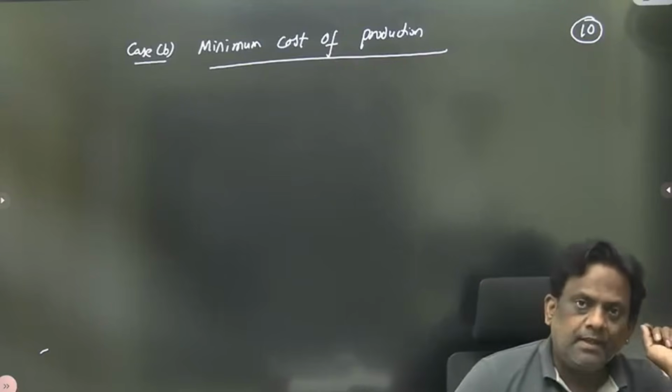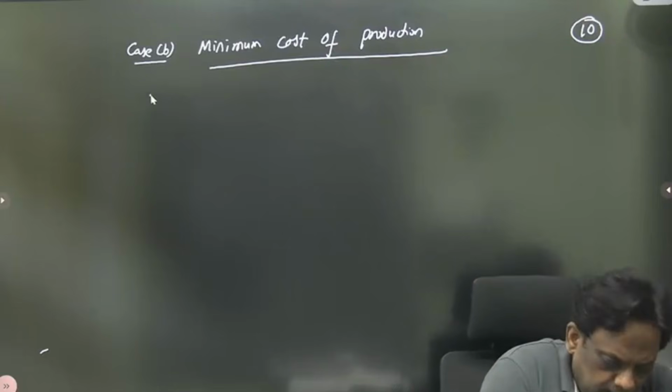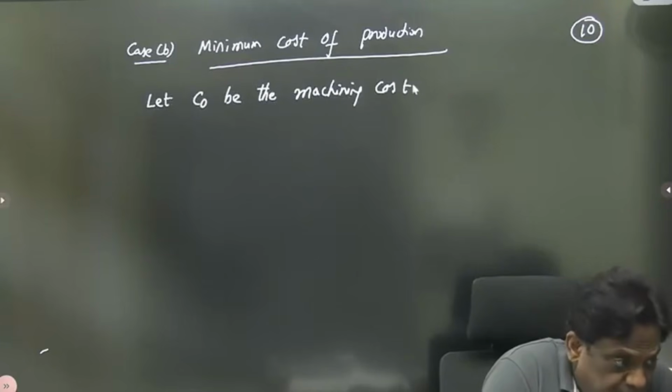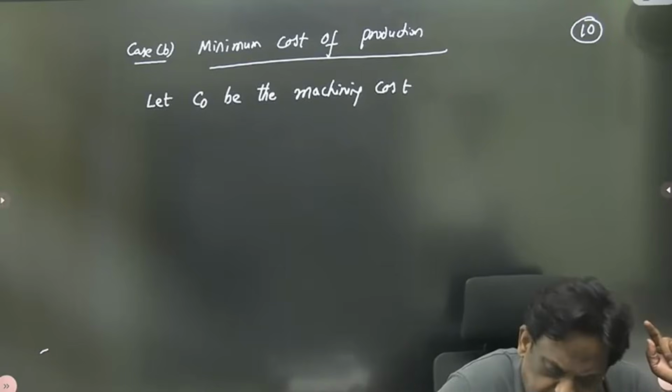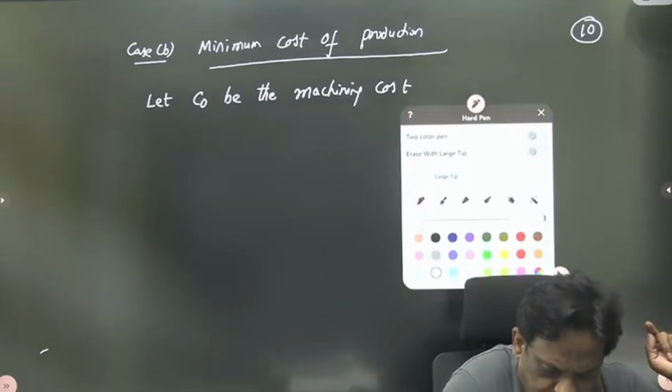Very good. Now, my dear students, let C naught be the machining cost. First, I'll explain very clearly. Let C naught be, this is very important, sir. Whatever I am teaching is very, very important.